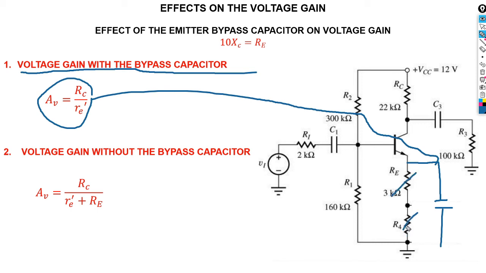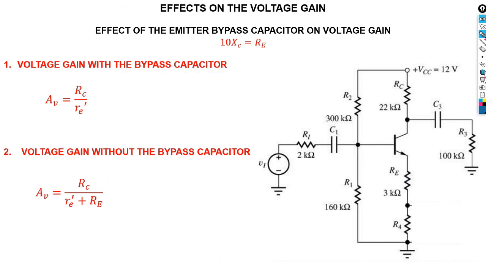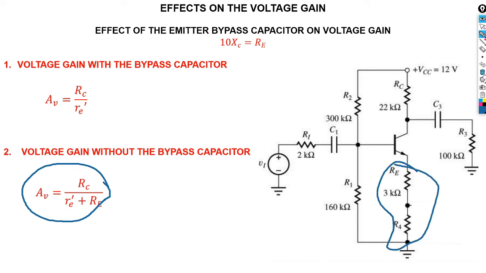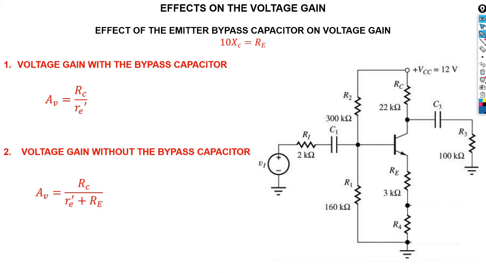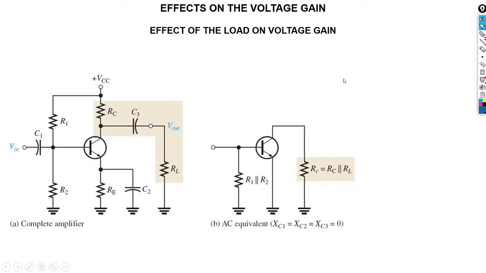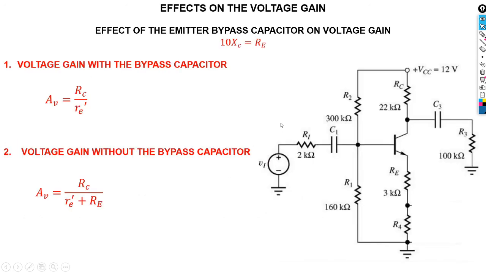Okay, so if there is no bypass, now your voltage gain is going to be calculated by this. You have to consider this emitter resistance here. Okay, and then in our next video, we're going to have a look at the effect of the loads.